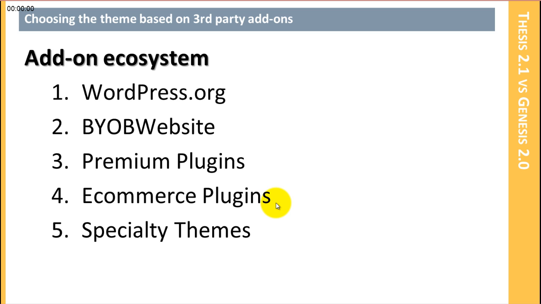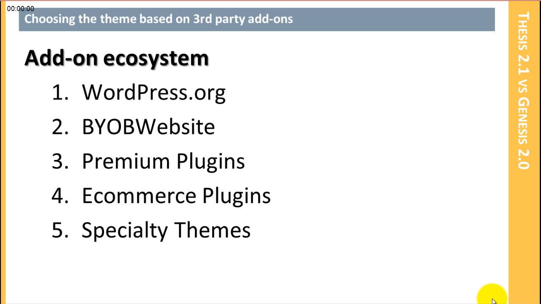And then there is the question of specialty themes, and primarily the specialty theme I'm thinking of is, for example, a real estate site. For real estate sites, Genesis has a great, really, it's not a theme, it's a web application for real estate agents. They call it the Agents Press, but it's more than just a theme.